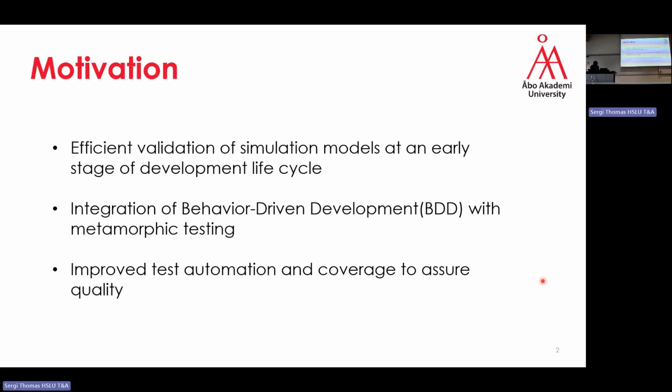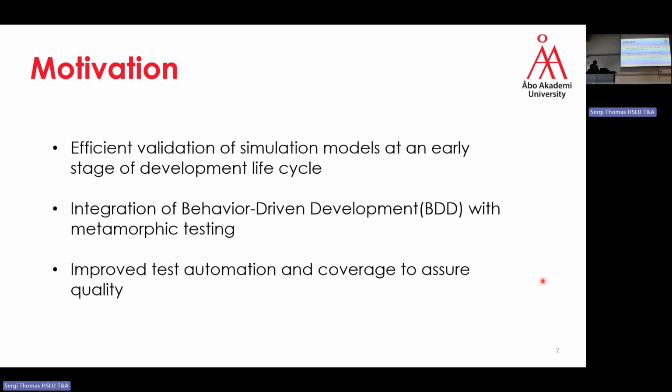The motivation for this work is in maritime systems. The systems are evolving, and the systems of systems are getting complex with automation solutions and control systems.